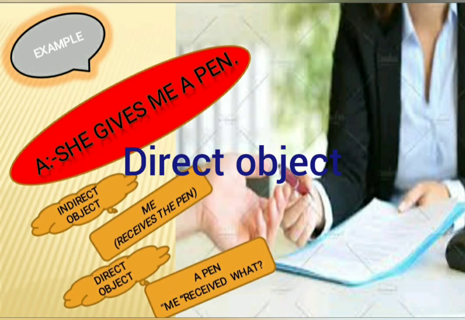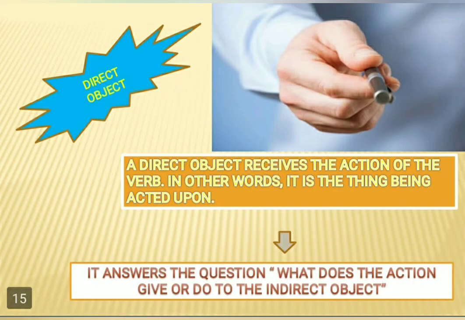So by this, can you guess what is direct object? Direct object receives the action of the verb. In other words, it is the thing being acted upon, means a thing on which the action is performed.